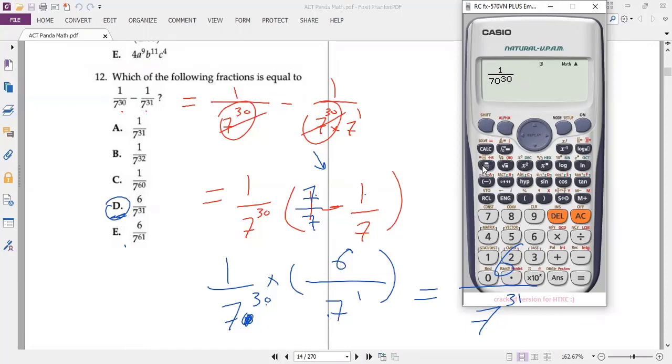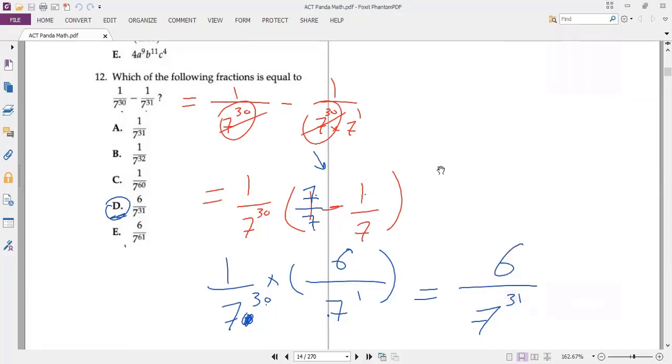Sorry. Fraction again. 1 over 70 to power 31. Cannot, you see? You have to try to check. If we have this case, you have to check all of these problems, which one looks like this. Go to D directly and check D. You will see the same result as the calculator.